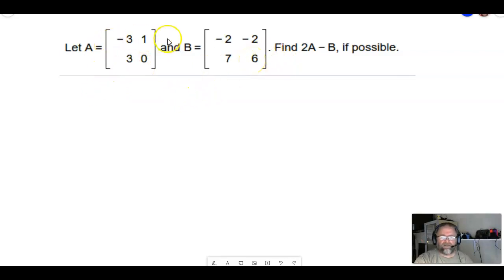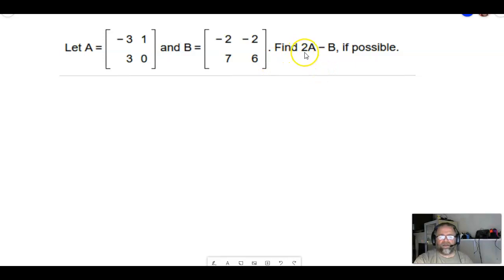If we had a 2 by 3, that is 2 rows and 3 columns, and another 2 by 3, we could subtract those as well. And the reason is because when you do addition or subtraction with matrices, you're matching each of the elements up. So this is the first element of the first row and the first column, so it's going to go with the same position in the second matrix here.